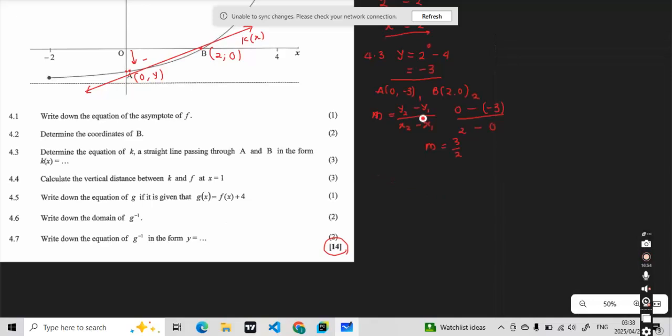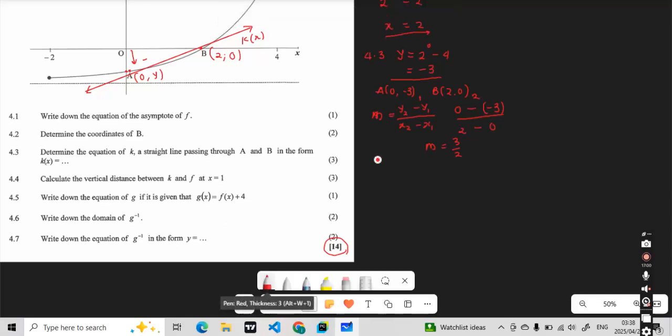Okay, guys, let's move on. So we have to write our equation in the form of y is equals to mx plus c. This is how we're supposed to write our graph.